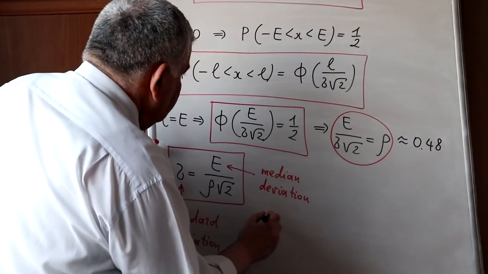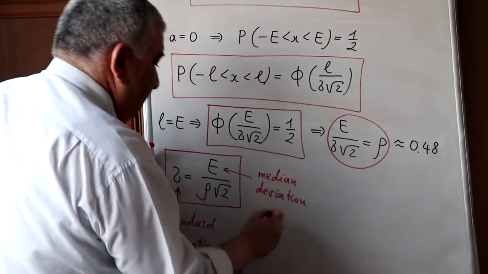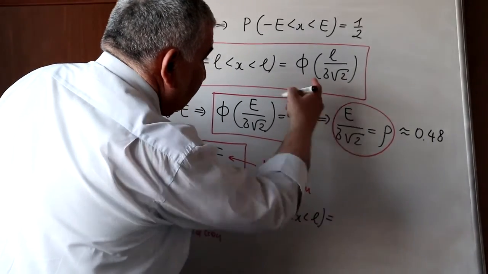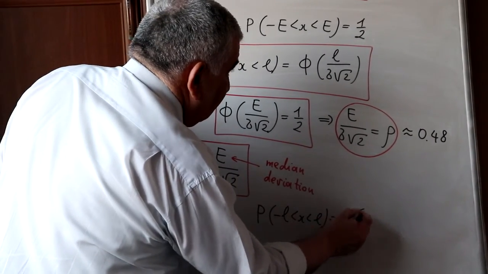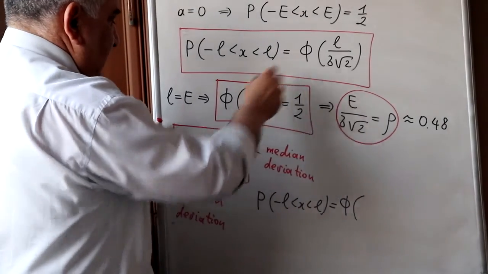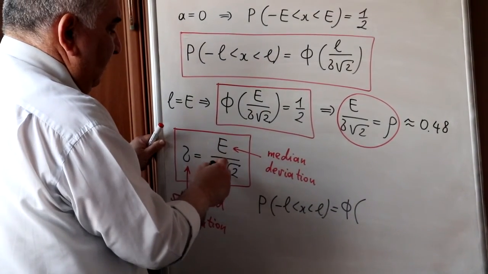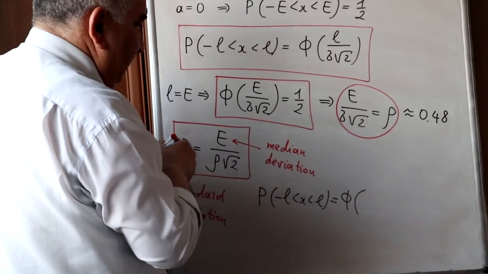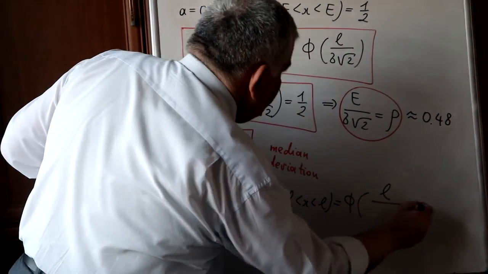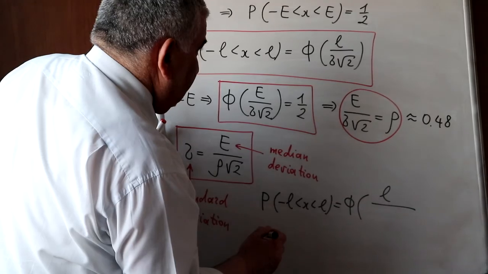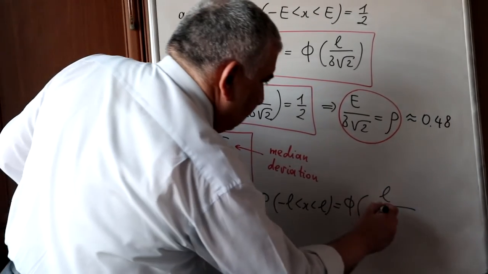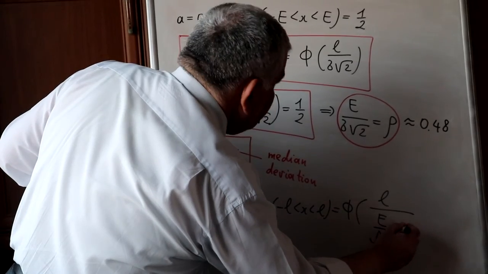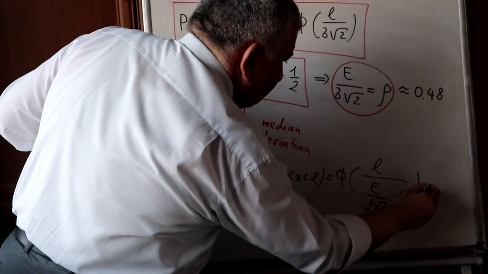P that x will be situated between minus L and L is equal to phi of, substitute E capital over rho square root of 2 instead of sigma in this formula, L over E capital divided by rho square root of 2 multiplied by square root of 2.